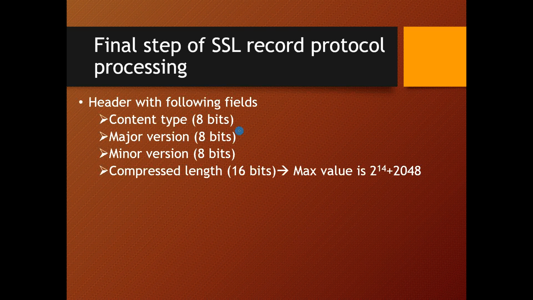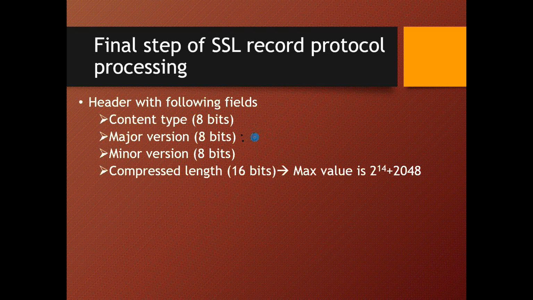Now this is also of 8 bits, and it will indicate the major version of SSL in use. So if it is SSL version 3, the value of this major version will be equal to 3. So let me repeat once more. Major version will indicate the SSL version in use.